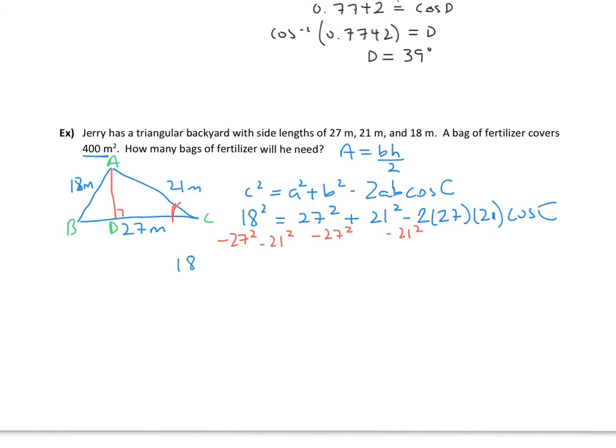So what I'm writing in there in red, you can just do on this next line like I have, or you can calculate it the way you've got it. And I'm going to do my 2 times 27 times 21. I get negative 1,134 times the cosine of angle C. And then 18 squared minus 27 squared minus 21 squared is negative 846.